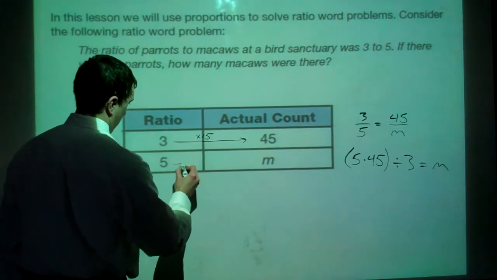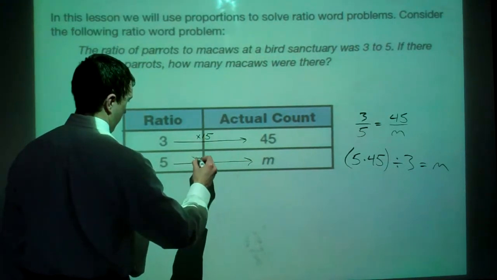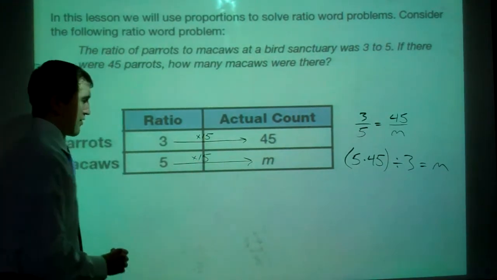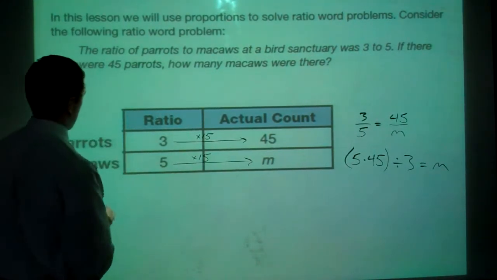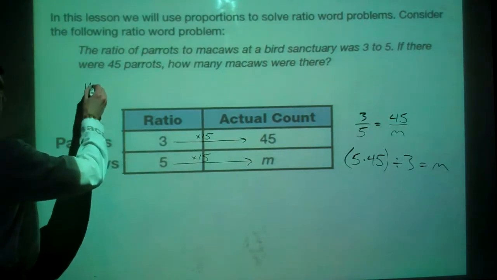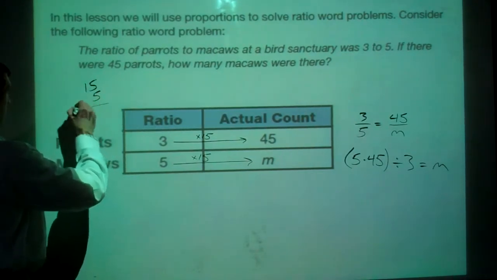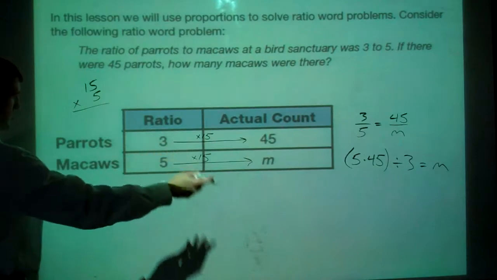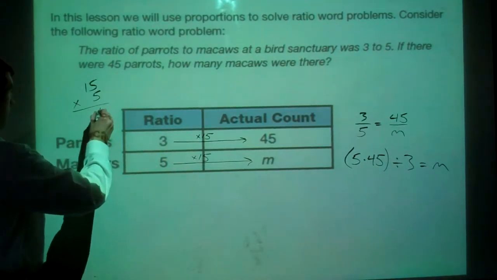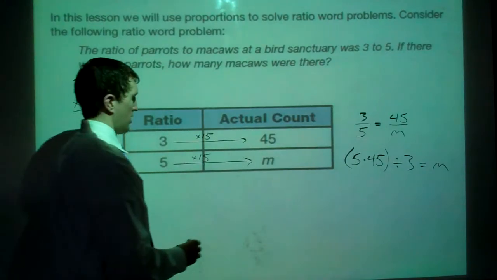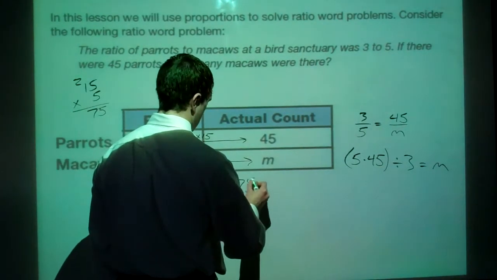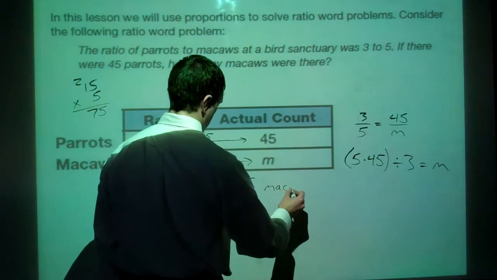So that's the same thing down here. We'll multiply by 15. So 5 times 15 should also give us that m. And that's the way I'll do it, as long as we can see that's the route we can go if we want. So 25, 75. So there should be 75 macaws.